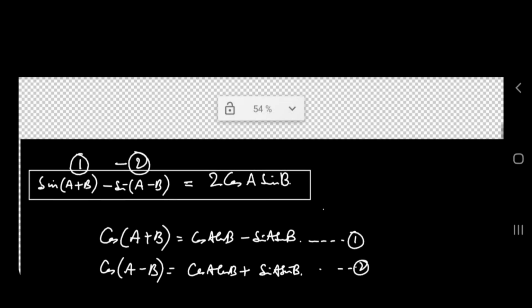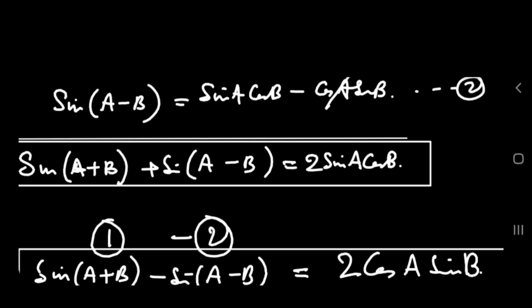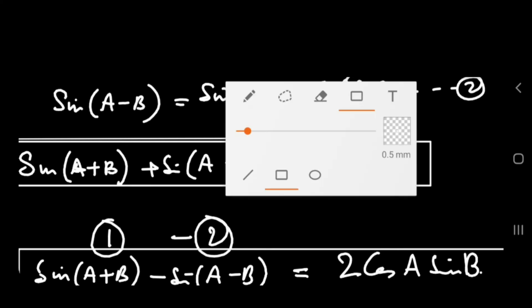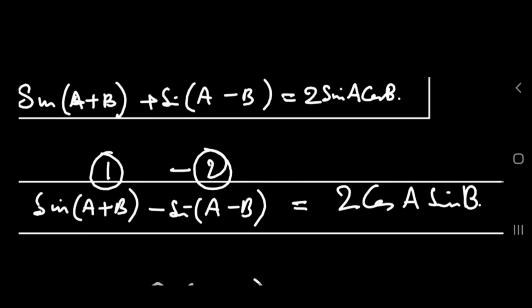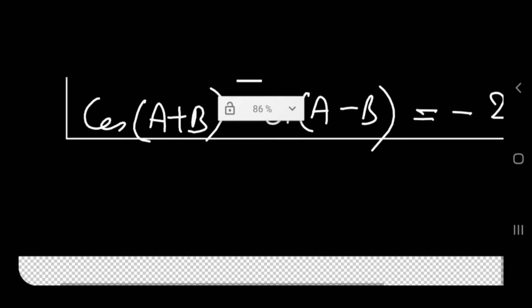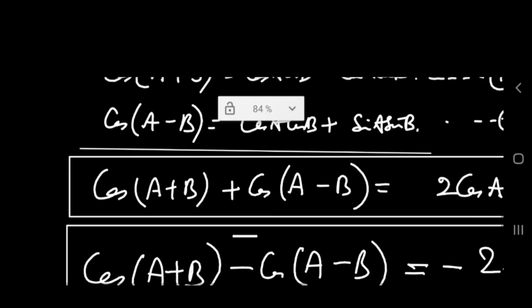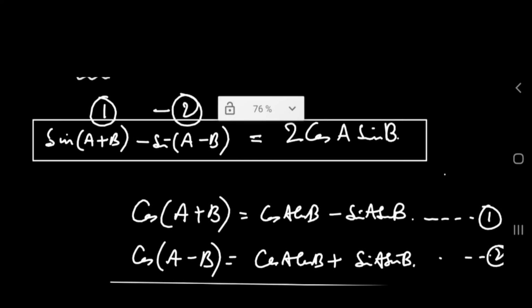So what did we get actually? We got 2 sin A cos B = sin(A+B) + sin(A−B). Suppose in the place of A+B, I take C, and that one is D, meaning I want to find sin C + sin D. So how will I change A and B into terms of C and D?